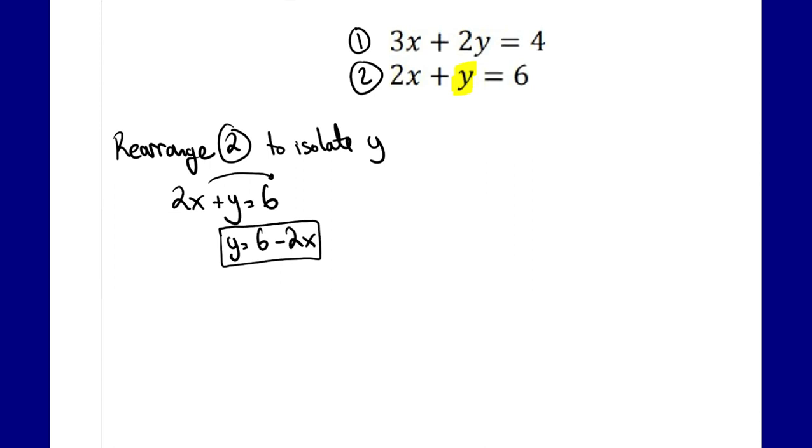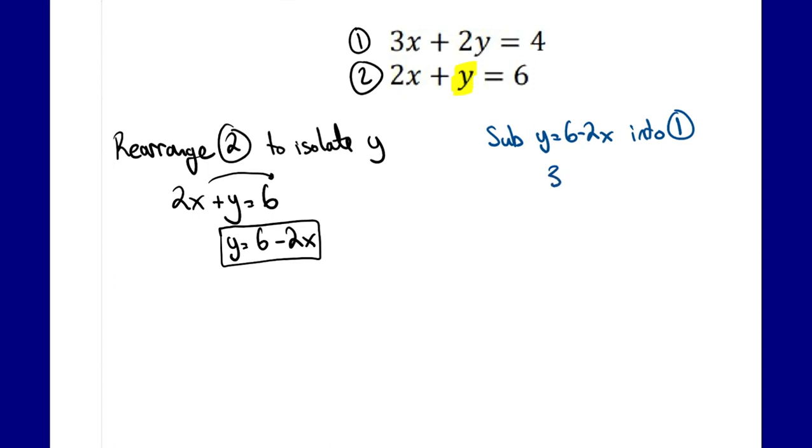What we're going to do with that equation now, we're going to substitute it back into the other equation, the one we didn't use. So if we rearranged equation 2, we're going to substitute that rearranged equation into equation 1. So sub y equals 6 minus 2x into equation 1.